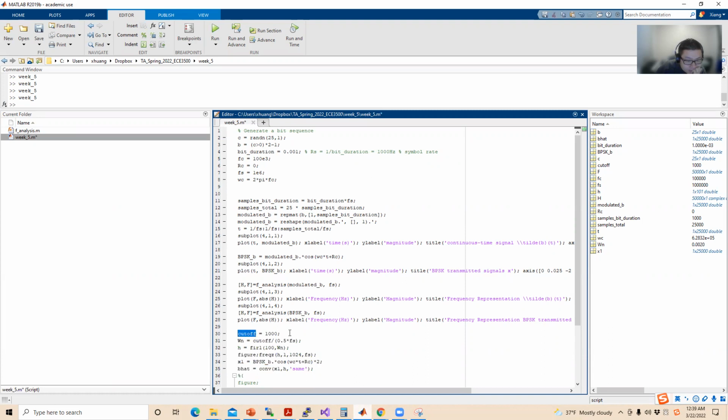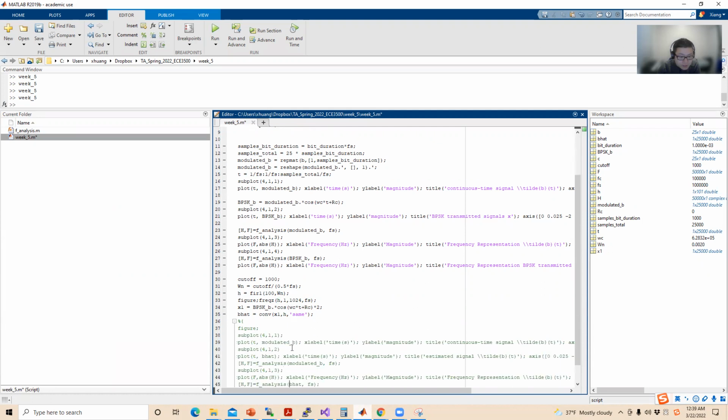This is omega n, and h is my filter. After designing this filter, you just convolve x1 with this filter. Then this is my b hat. It's easy, right? Okay.